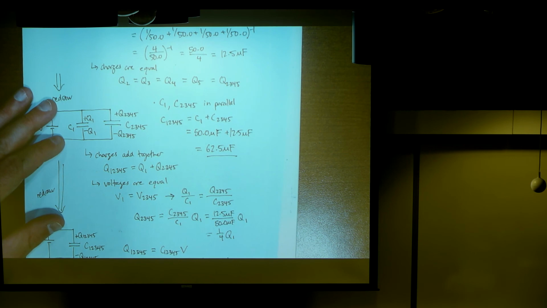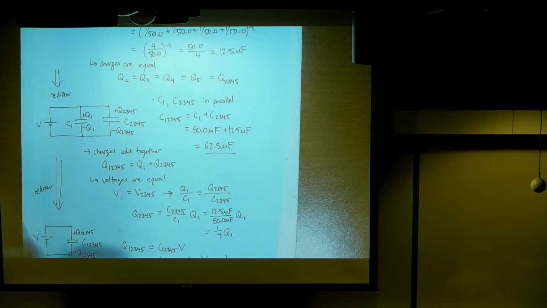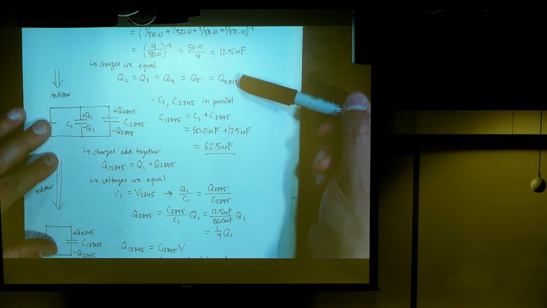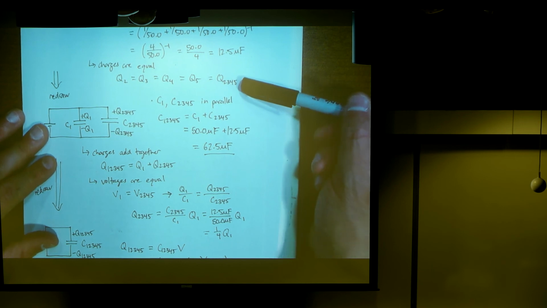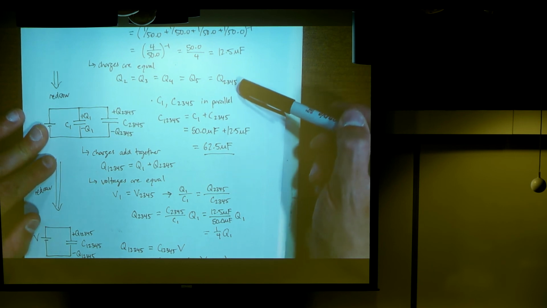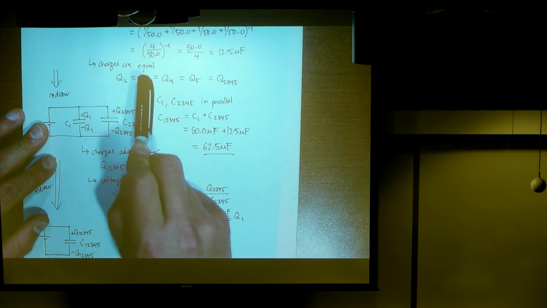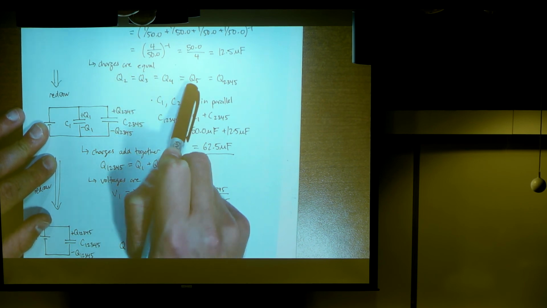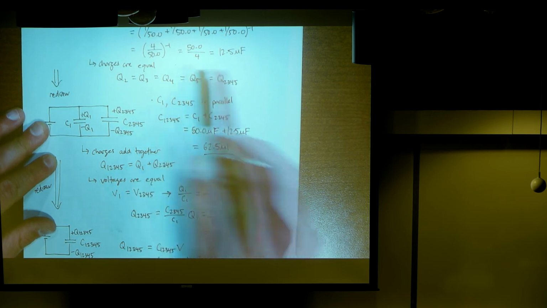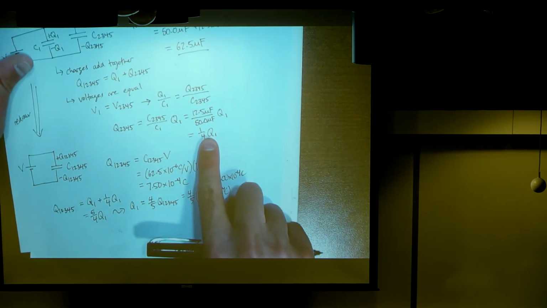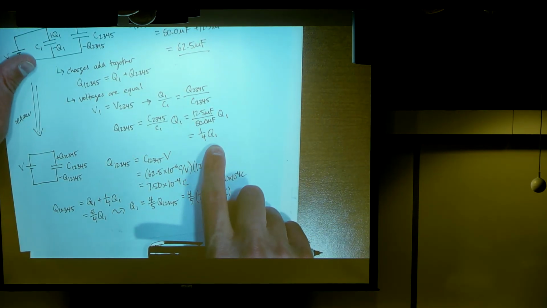So going actually up to the very top of this page, when we were dealing with the series connections, Q2, 3, 4, 5 is the same as the individual values of Q2, Q3, Q4, and Q5. Okay? And that's just a quarter of Q1. Does that make sense?